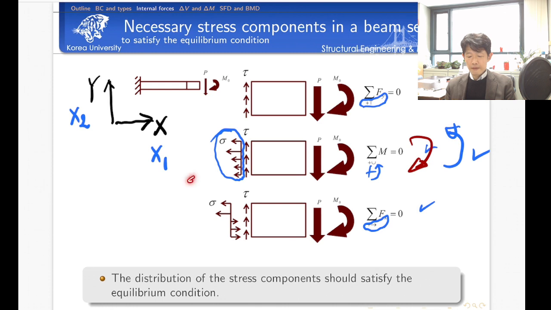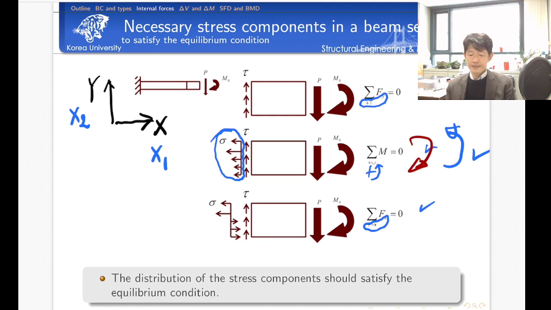Which means at first we assumed the direction of normal stress on the left hand side, but to satisfy the force equilibrium in the horizontal direction, we can easily understand that the normal stress is not in the same direction, but its direction changes within the cross section. So some part goes to the left hand side, and the remaining part should go to the right hand side to cancel, to make all the forces in the horizontal direction equal to 0.